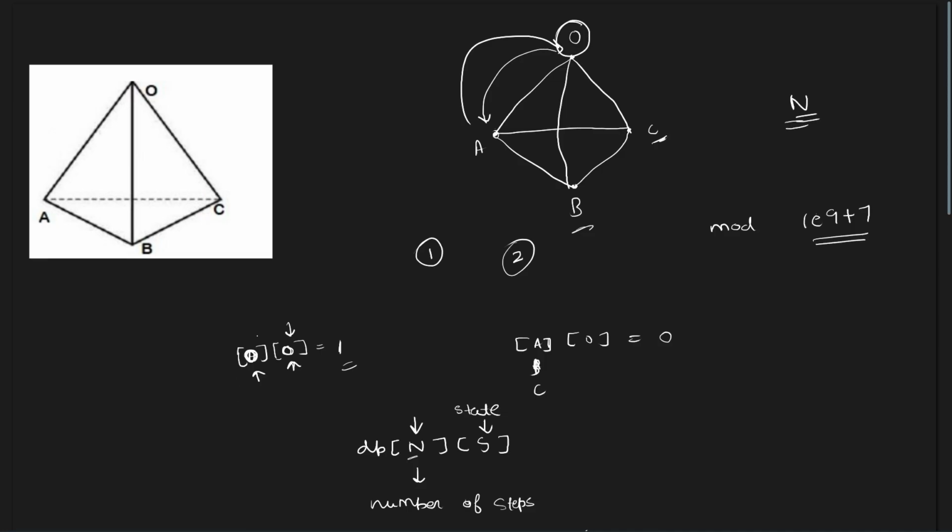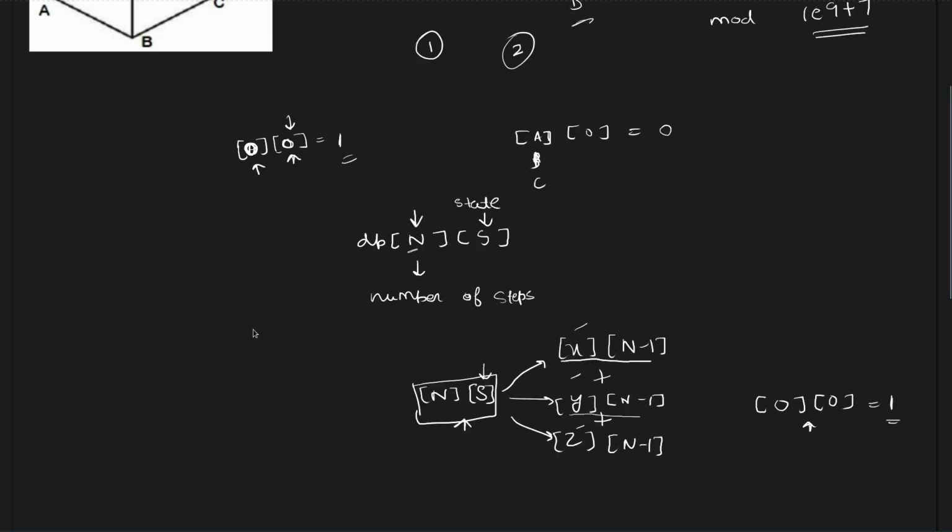Right. Now we discussed that we will form our two state DP in n comma s, such that n is the number of steps remaining and s is the current state. Right. We will initialize. So this is the base case.